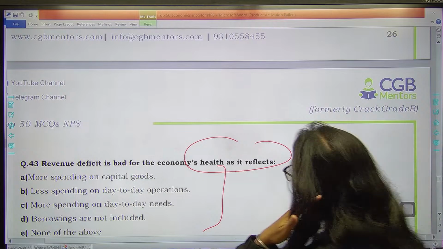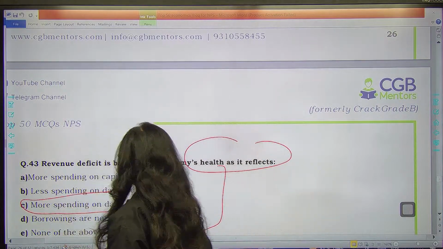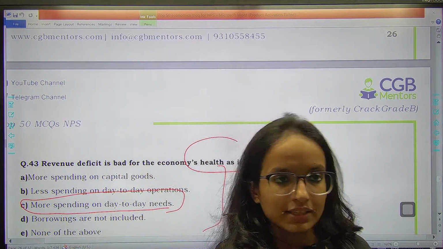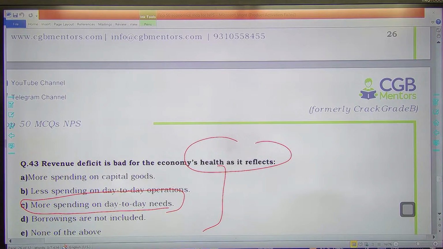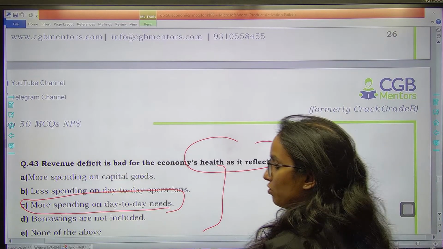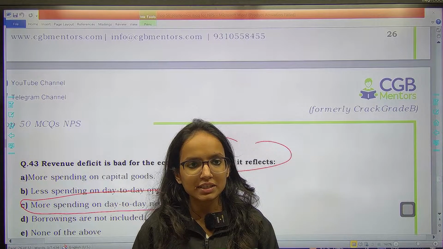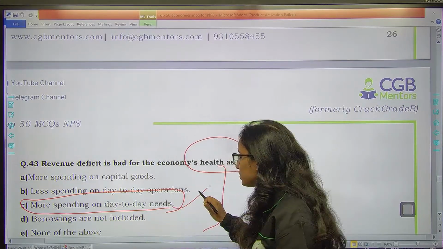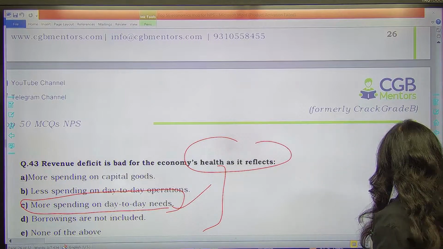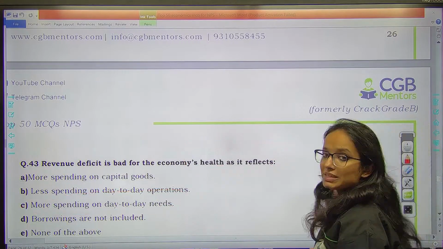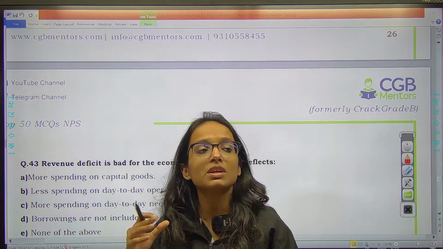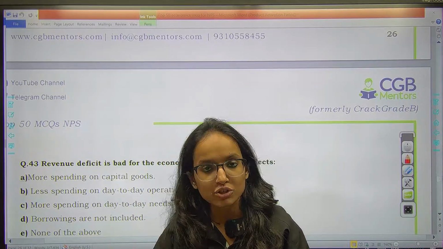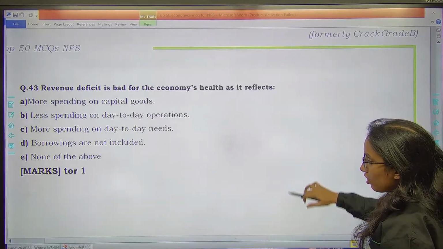It reflects more spending on day-to-day needs. Isn't it? Very good, Manish. राइट. रेवेन्यू एक्सपेंडिचर ज्यादा है रेवेन्यू रिसीट से, नॉर्मल डे टू डे एक्सपेंडिचर ज्यादा है, कैपिटल क्रिएशन तो हो नहीं रहा है ना. सो दैट्स व्हाई C इज द राइट आंसर हियर. मैंने आपको बजट स्टैटिक की क्लास में भी सारी डेफिसिट्स के कॉन्सेप्ट एक्सप्लेन किए हैं, किसका क्या इम्प्लीकेशन होता है. सो दैट शुड बी ऑन योर टंग.